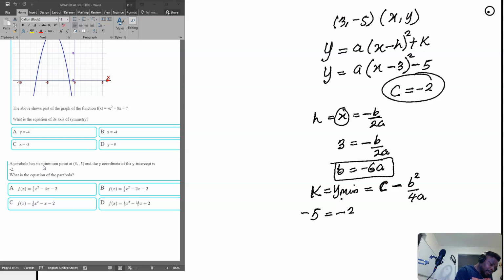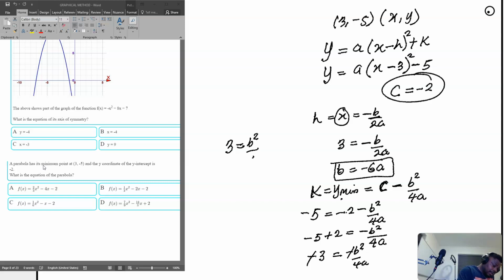Our c is minus 2, minus b squared over 4a. So this is minus 5. Then that is plus 2. That is minus b squared over 4a. So minus 3 is equal to minus b squared over 4a. Minus cancels minus. So 3 is equal to b squared over 4a.